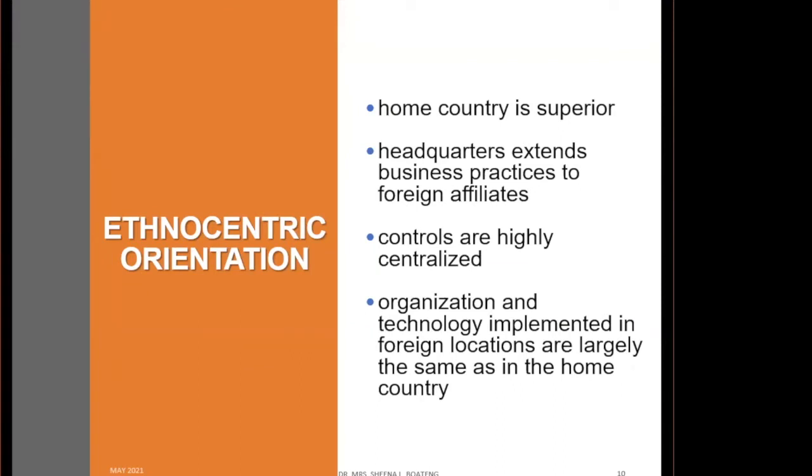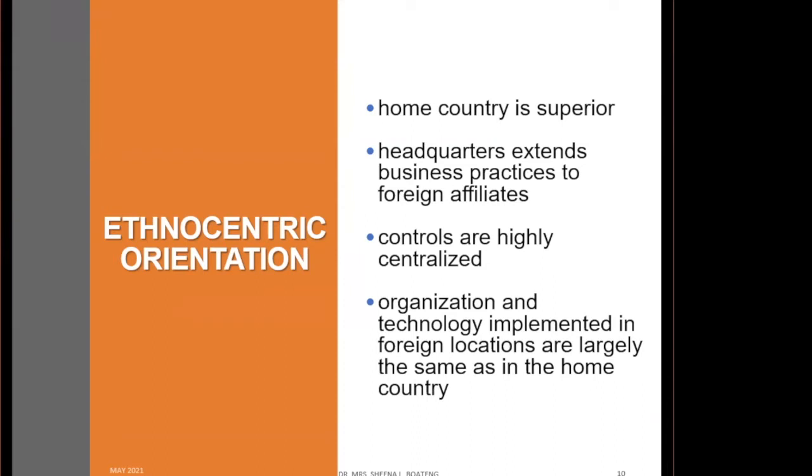So that means that every decision they take in relation to a foreign market is done with the superiority of the home market in perspective. So all the decision-making, thought processes and strategization must be done in the home country and extended to foreign affiliates because the home country is superior and therefore everything that comes from there is superior.